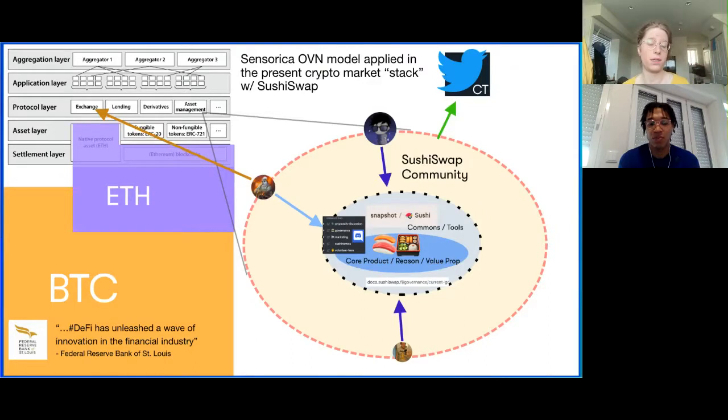And then that, of course, is all around the Sushi community with participants. And then what's viewable is via crypto Twitter.